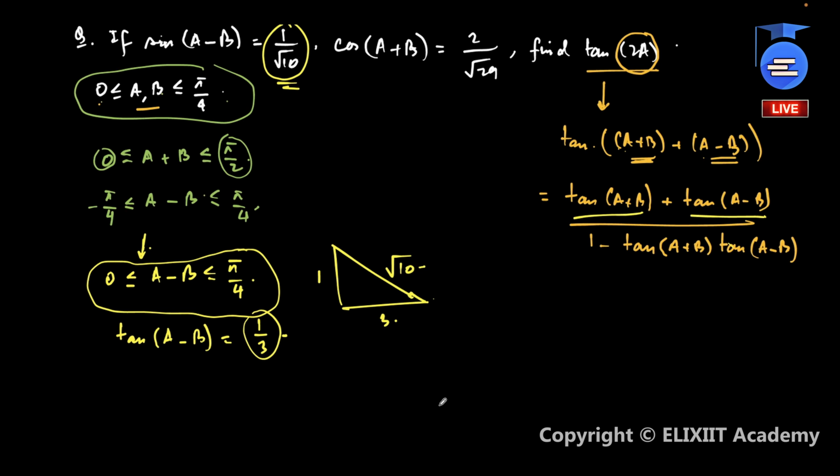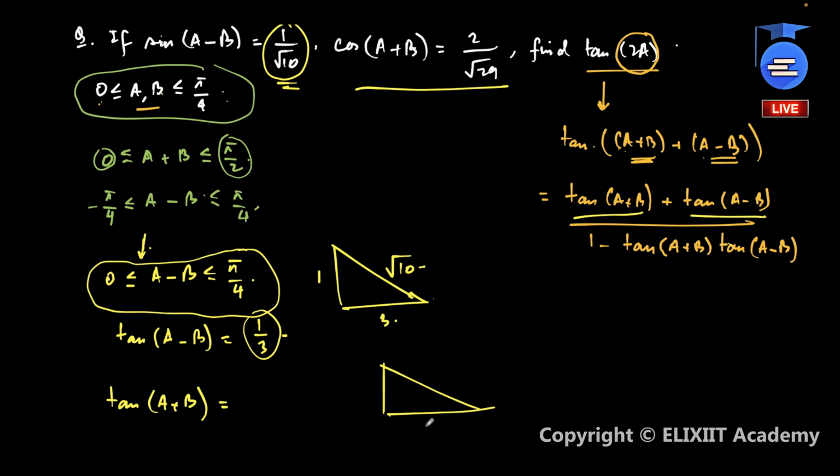Okay. So similarly, we can find out the value of sine A plus B. In fact, we can directly find out the value of tan A plus B. A plus B lies between 0 to pi by 2, and what is given? Cos A plus B is 2 upon root 29. Cos theta means, cos A plus B means base by hypotenuse.